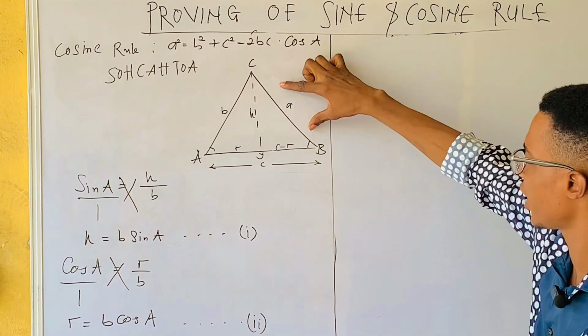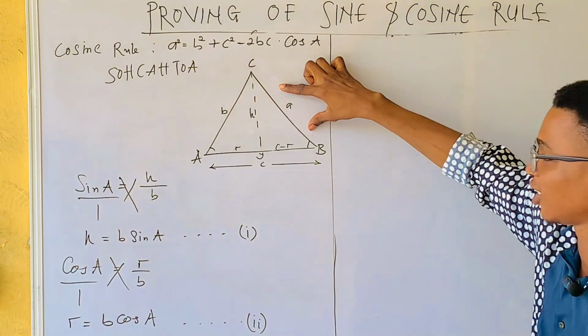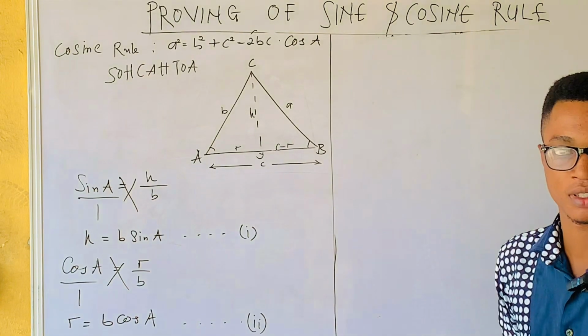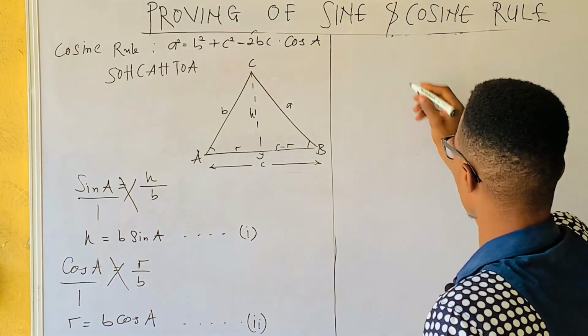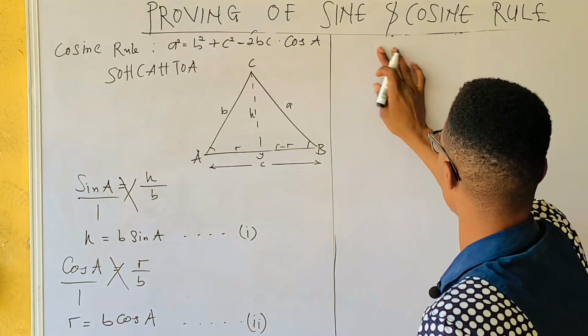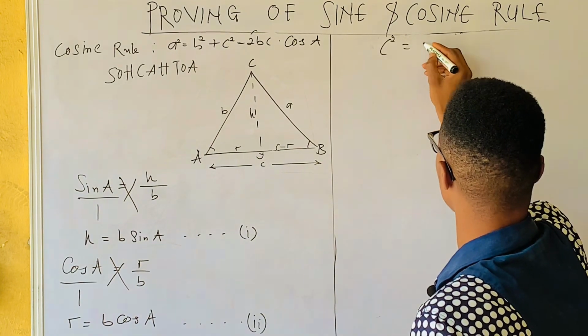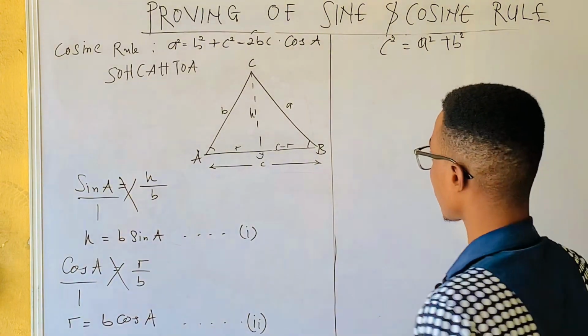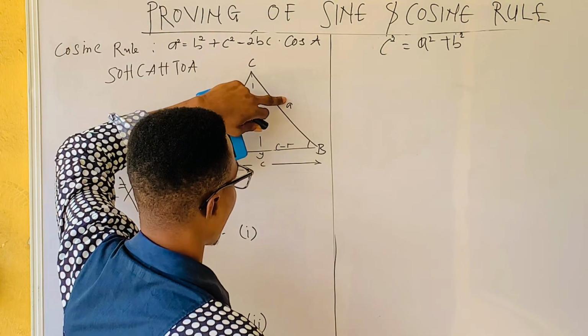That is, the square of this side is equal to the sum of the squares of this side and this last side. We have c squared equals a squared plus b squared. Now, this happens to be our hypotenuse.